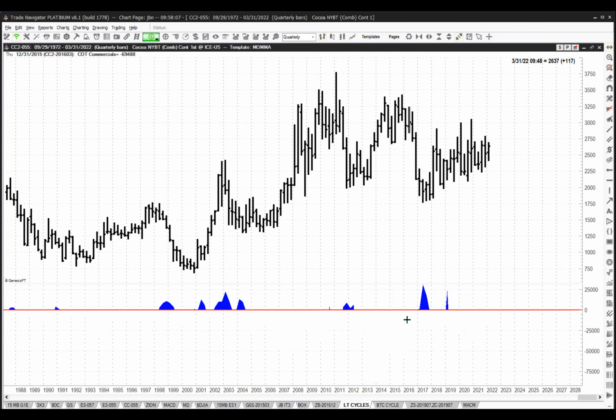And so what are they doing now? Commercials were buying cocoa about 2 years ago because they expected this move up. Very important work on the commitment of traders. It's one of the most important indicators, but it is not short-term. It is only long-term.